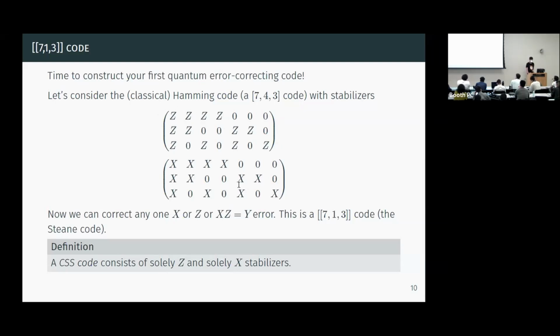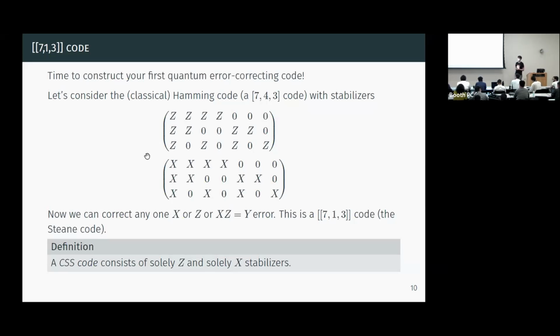Because we have 6 rows of these stabilizers. So there's only 1 dimension left to encode our logical information, which is a qubit. It's that simple. It requires some theorems to prove that to you, but you could read about it in the literature. Another question? Can you show us what the actual encoded qubit looks like? I think I will talk about that in the next slide, the encoded qubit.